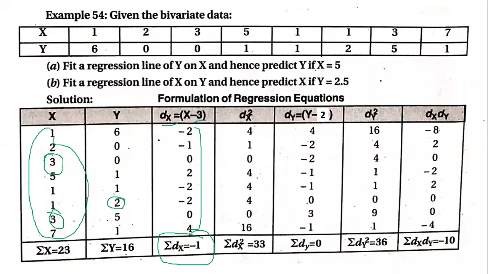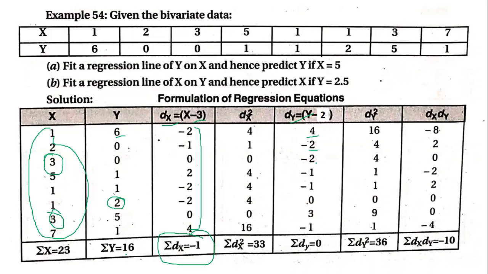Now let us calculate deviations from Y. So deviations from Y, again Y minus 2. So the assumed mean considered here is 2. So that is why 6 minus 2 is 4. 0 minus 2 is minus 2.